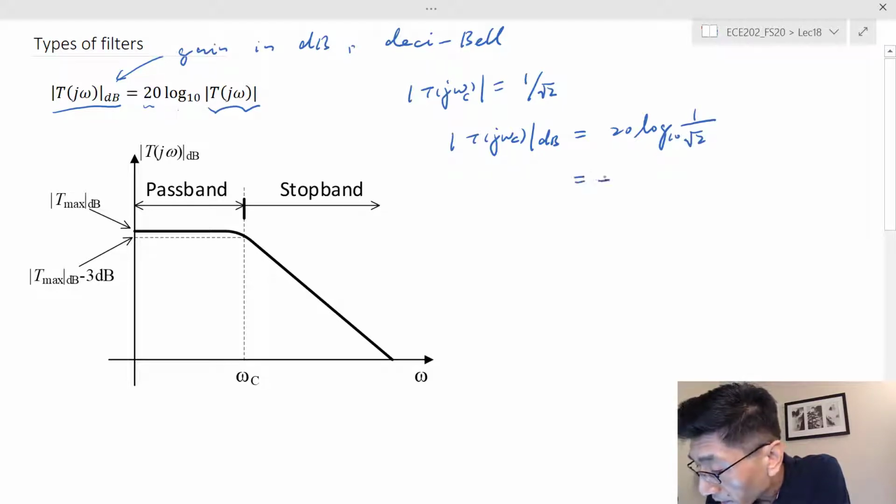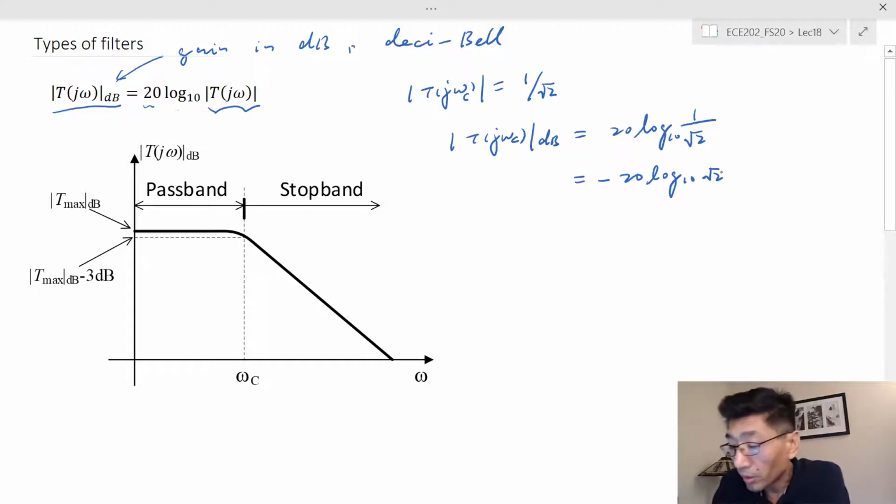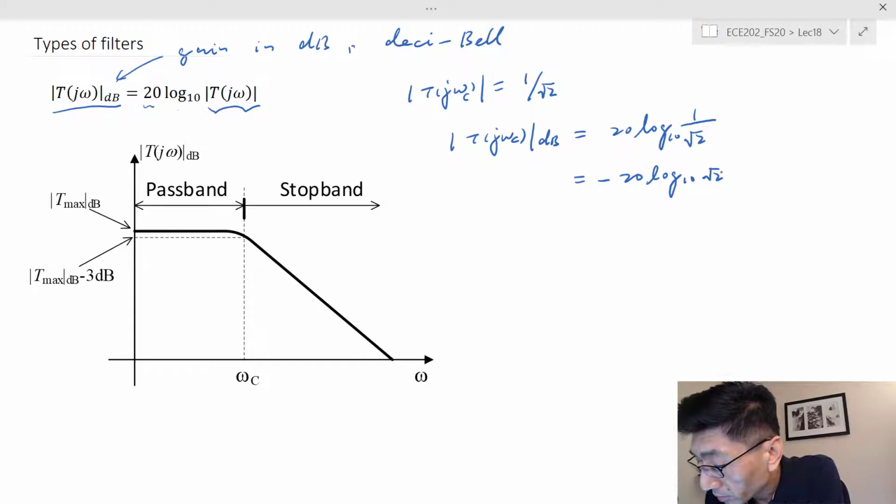That's equal to negative 20 log of square root 2. Or if you think about it, 20 log 1 minus 20 log square root 2, and 20 log of 1 is equal to 0. So we get negative 20 log square root 2, which is roughly equal to negative 3 dB.